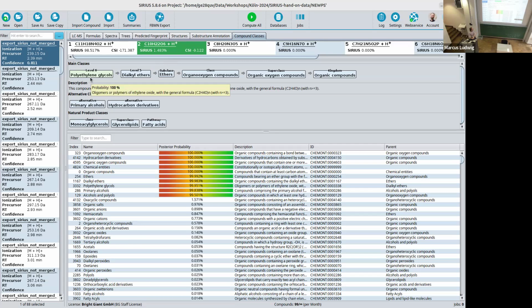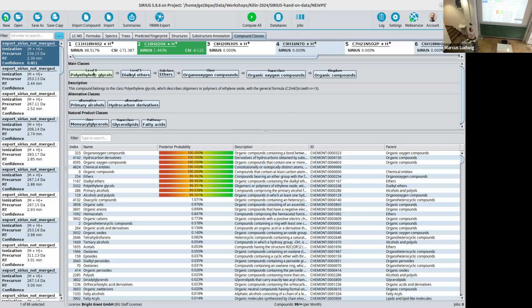That way we can also get reasonable predictions here. If you don't have any idea of the structure, we can give you these different levels of annotation, like it's a polyethylene glycol or ethers, or just an organic compound, to be very, very unspecific. So this is an ontology, the classifier ontology.